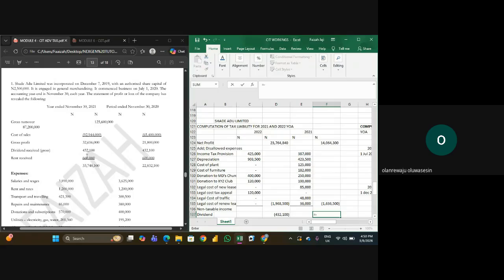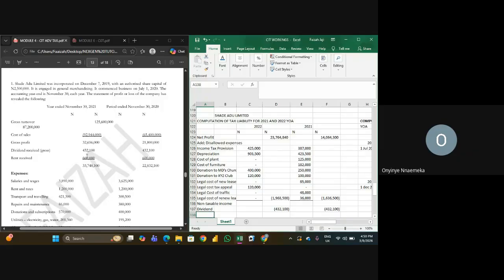Is it the gross or the net? No, it's gross, because it is the amount that was added as income that you would deduct. Okay. So I think that's all.